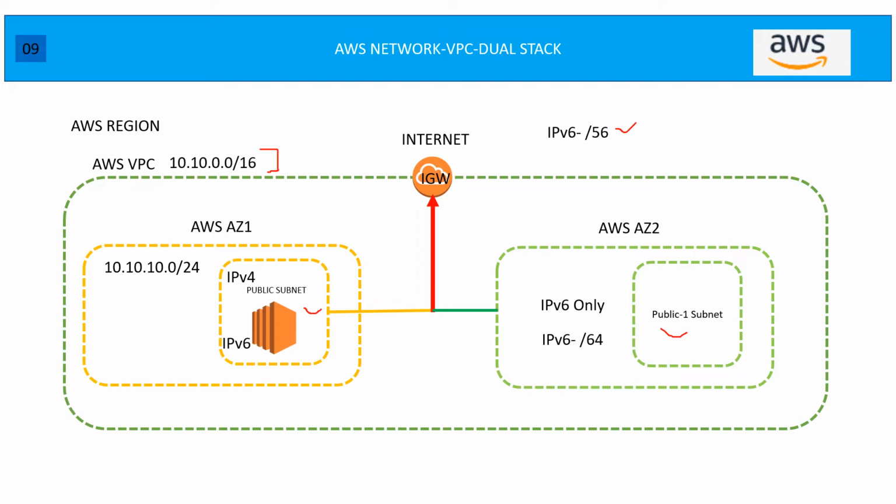If you recall, in our old lab, we created a subnet public-1 as IPv6 native, so a /64 from this range will be allocated here. And one subnet, which is the public subnet, is going to be dual stack. That means you're going to have IPv4 and IPv6.